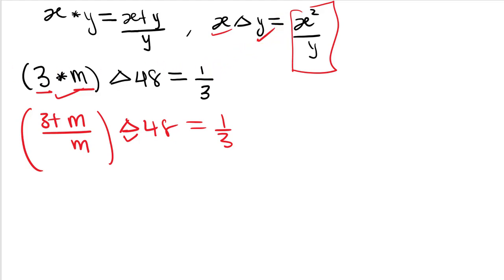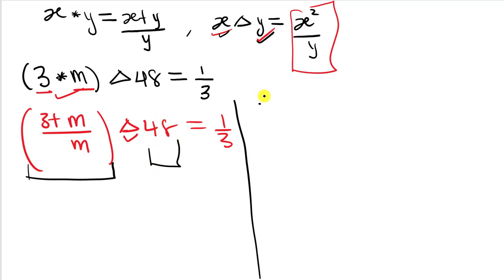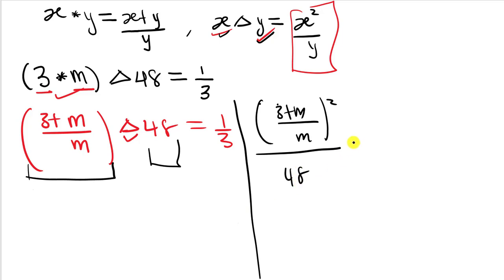In this case, whatever we are having here becomes our x, and whatever we are having here becomes our y. In that case, we are going to have our x squared, so ((3 plus m) over m) all squared, divided by your y, and our y is 48, and everything will be equal to 1 over 3.